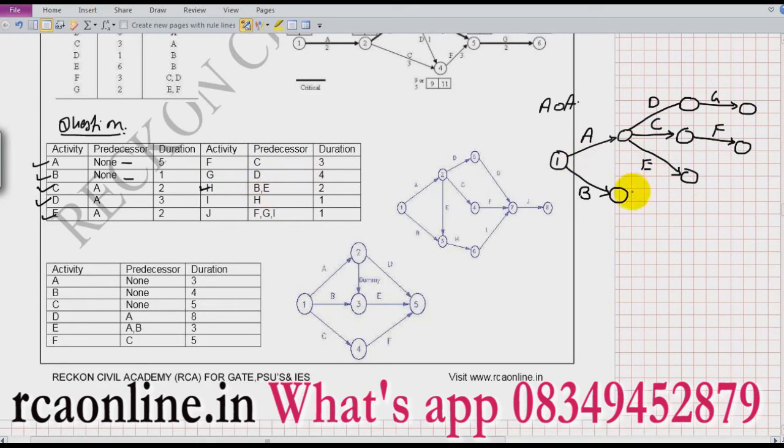So I can either use a dummy activity here and move it to H, or the other thing I can do is make it again.